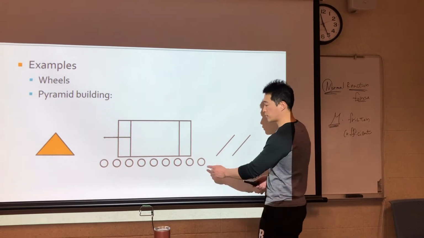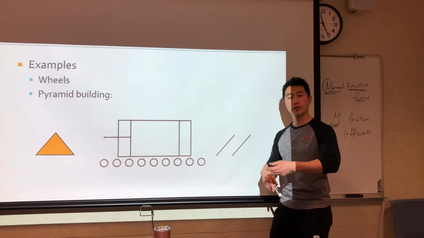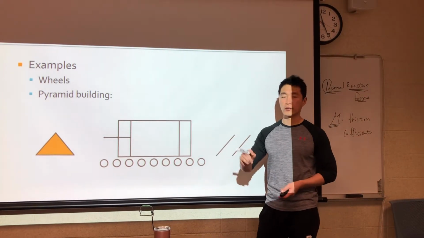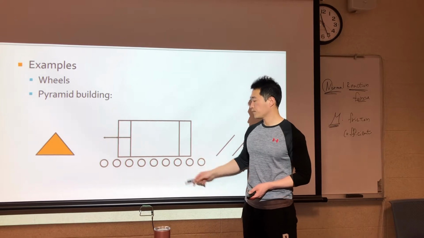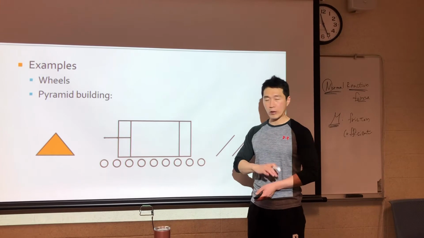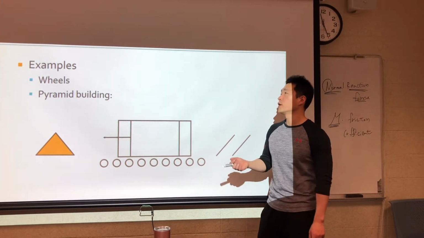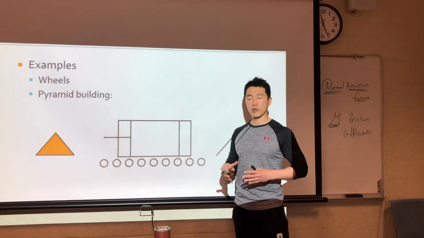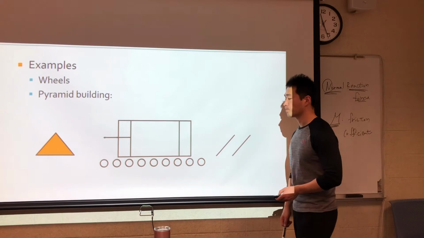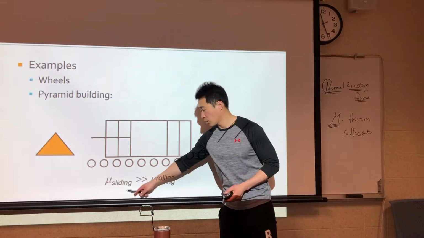But by putting these materials underneath this very heavy rock, they can convert the sliding friction to rolling friction, which means they can reduce the friction between this rock and the ground. Again, as I mentioned, that's why sliding friction is a lot larger than rolling friction in terms of magnitude.